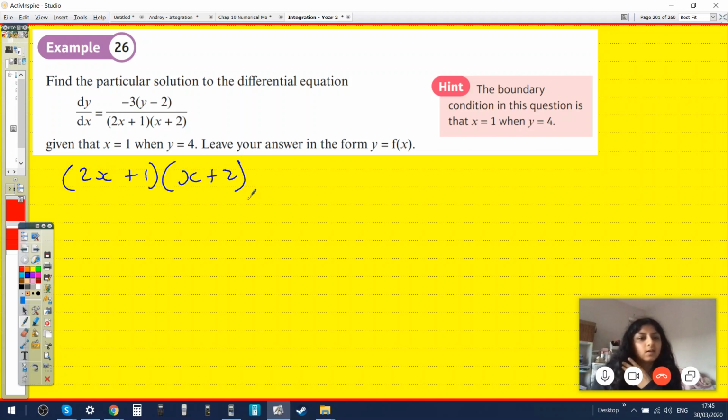And then dy over dx is equal to minus 3y minus 2. And then you could multiply both sides by 1 over dy. So then you would have 2x plus 1, x plus 2 dx is equal to minus 3y minus 2, 1 over dy.